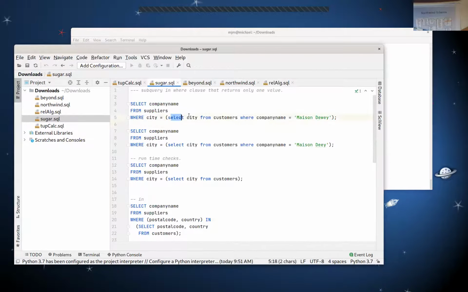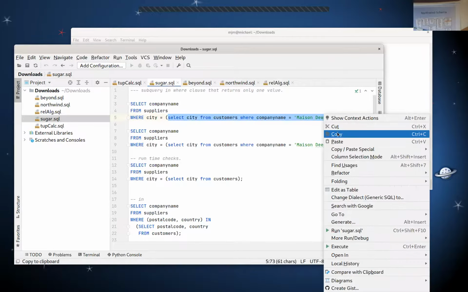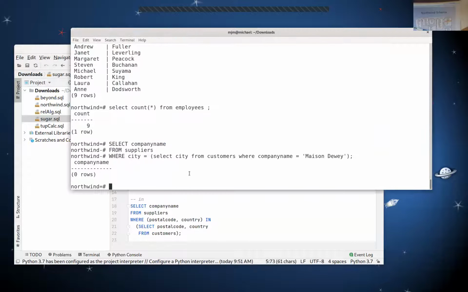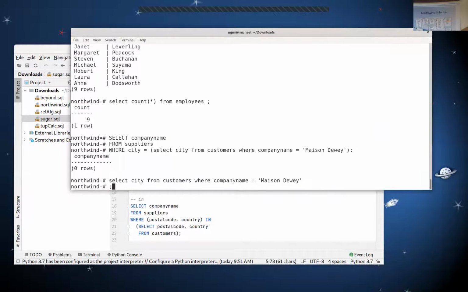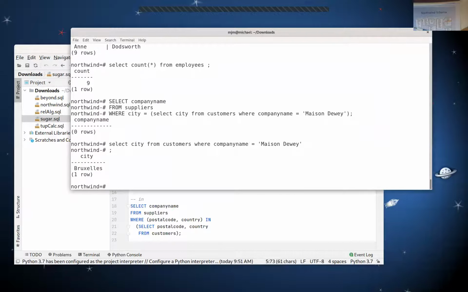Here, let's see what's wrong with this. Customer name. This is getting out the city, I guess, of Mason Dewey. Okay, so that's where it is, Bruxelles.